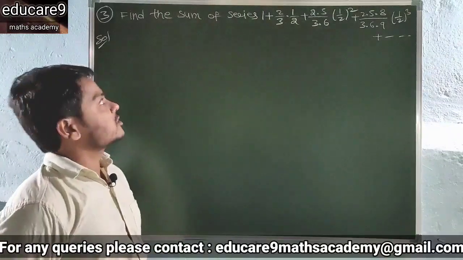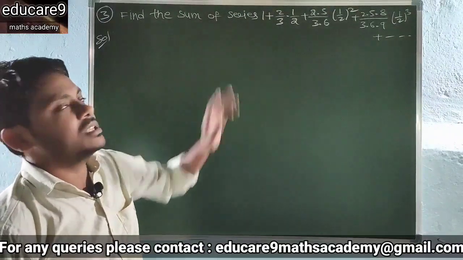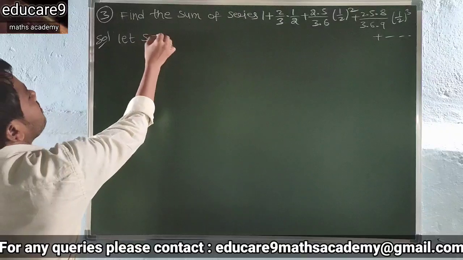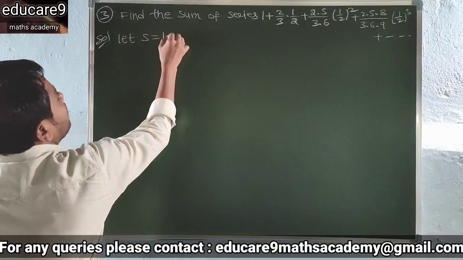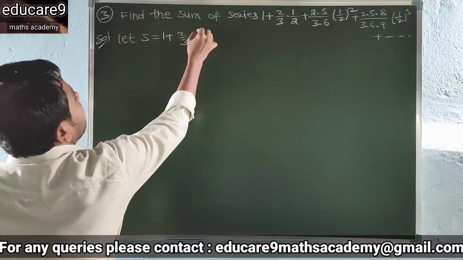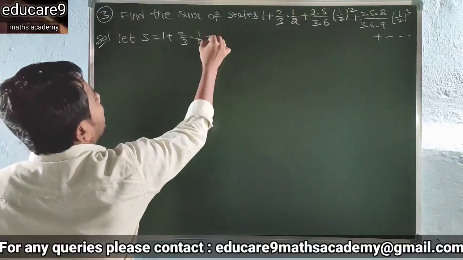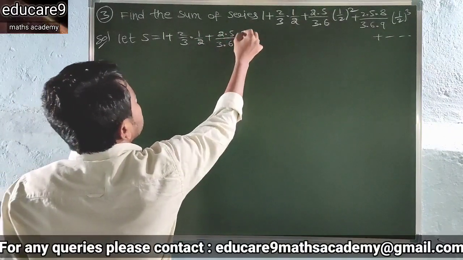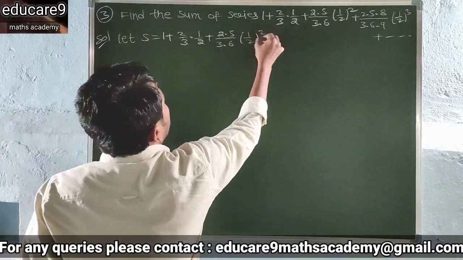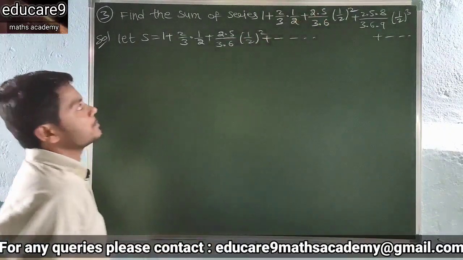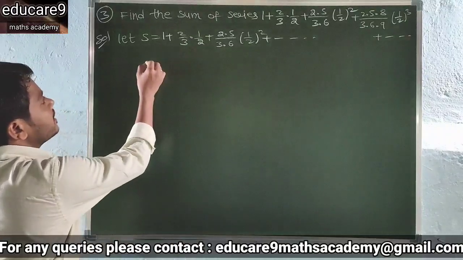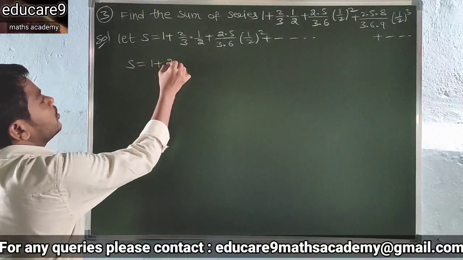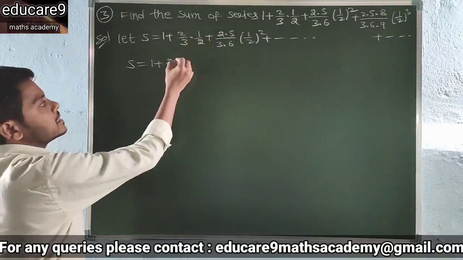So next, the third solution: find the sum of the series. So see here, let S be equal to the given series. So what is that? 1 plus 2 by 3 into 1 by 2 plus 2 into 5 by 3 into 6 into (1 by 2) whole square and so on. Now see here, this can be written as S is equal to 1 plus 2 into 1 by 6.